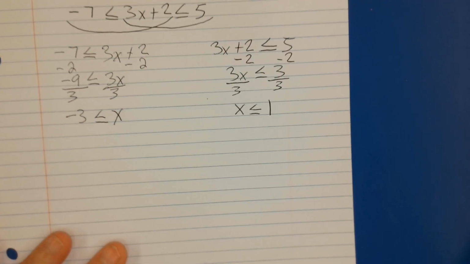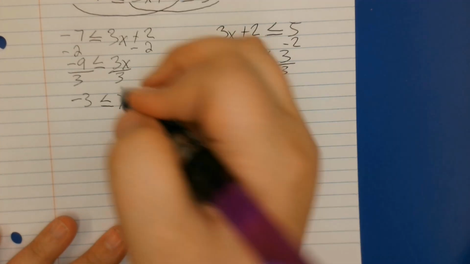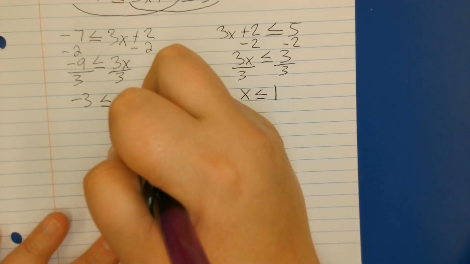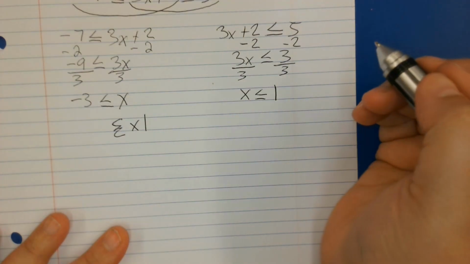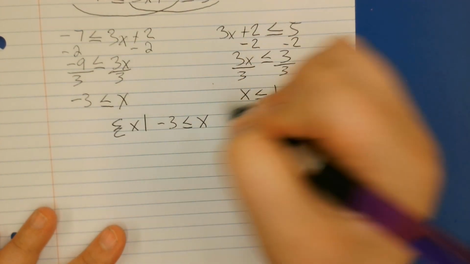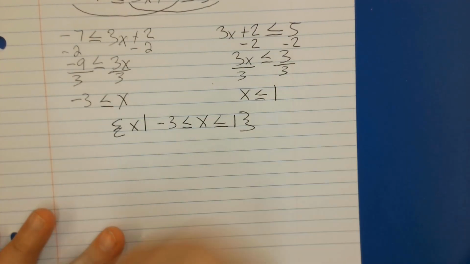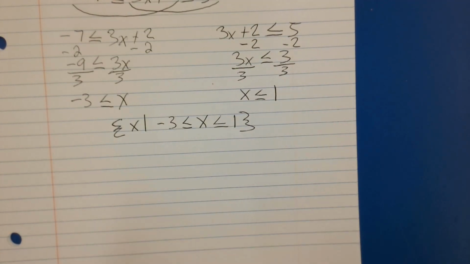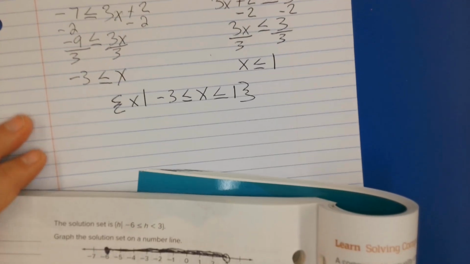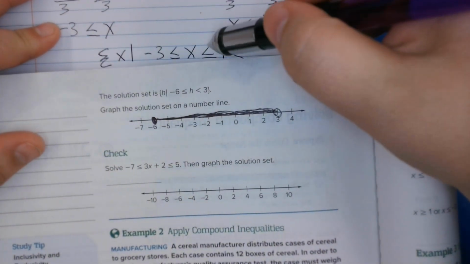Remember, we need to merge these back together in order to create our solution set. So I have x as a variable. I have negative 3 is less than or equal to x, but x is also less than or equal to 1. And then we need to go back and graph it. Here's my answer.